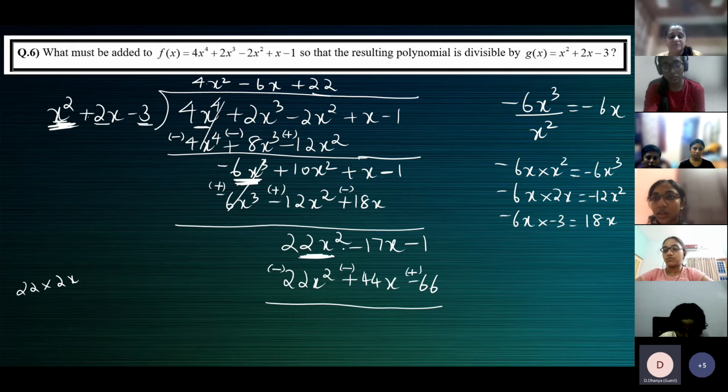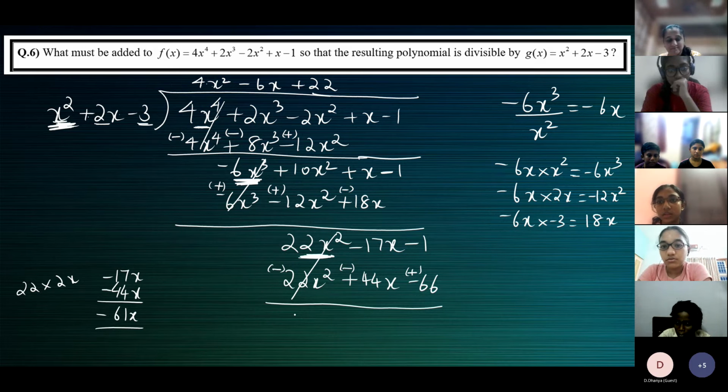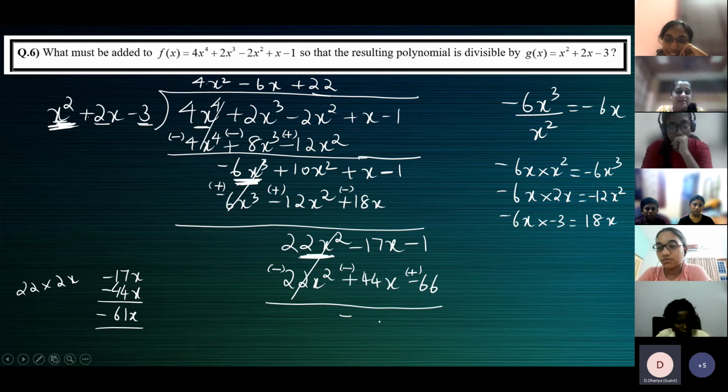Next. 22x square minus 22x square gets cancelled, and minus 17x minus 44x. We should add it, ma'am. So minus 61x.